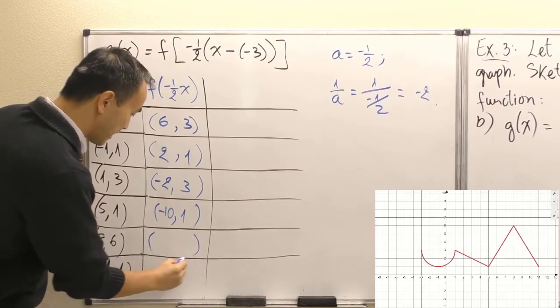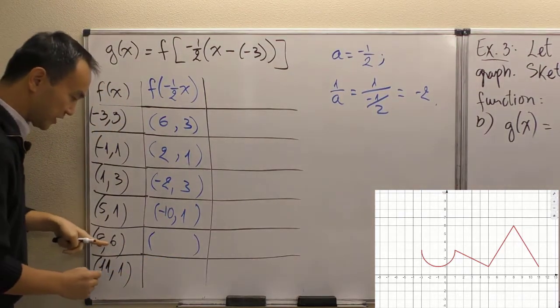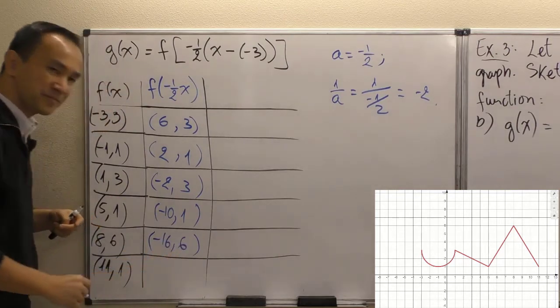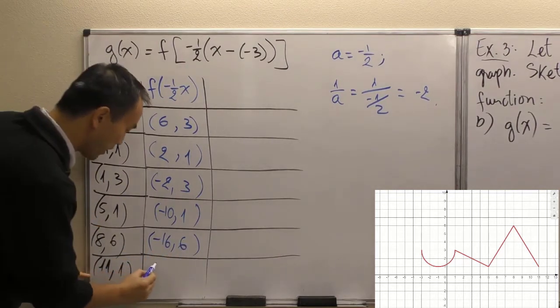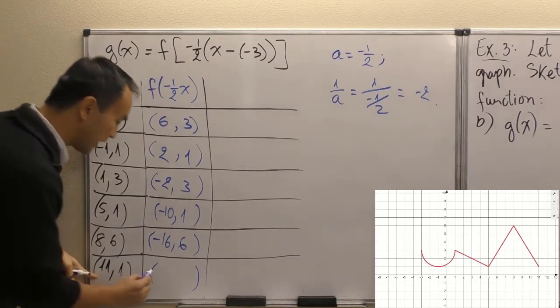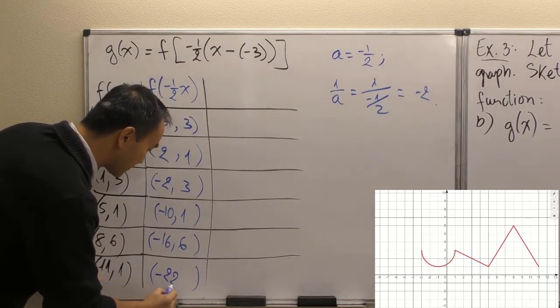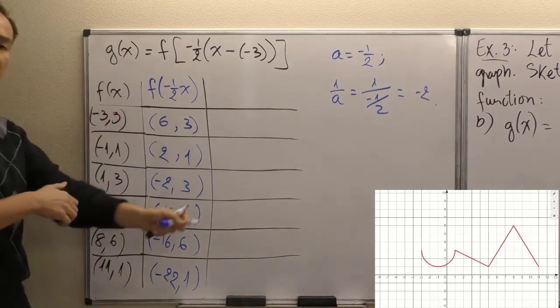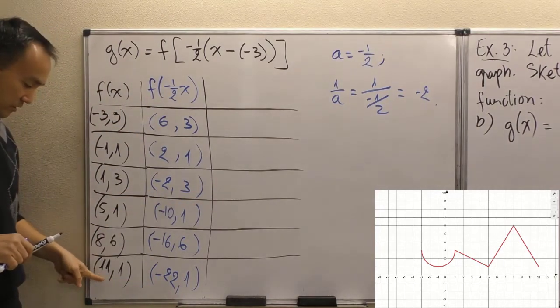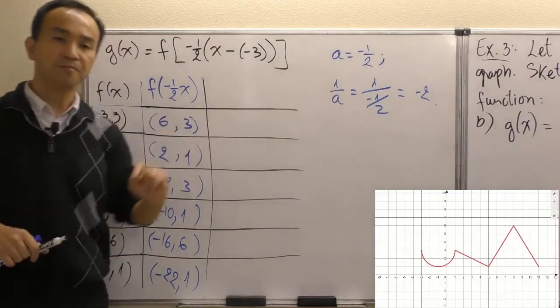Then 8, comma 6 is transformed into -16, comma 6, and this last guiding point, 11, comma 1, becomes -22, comma 1, because 11 times -2.